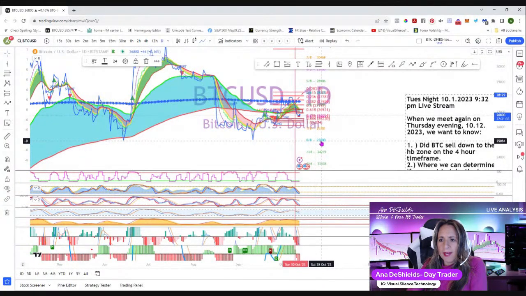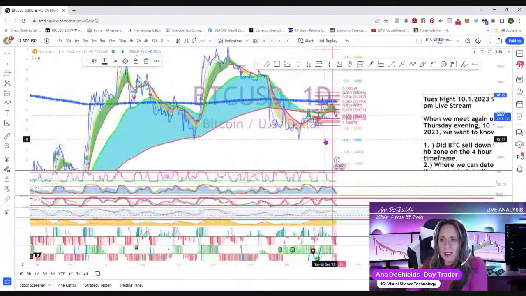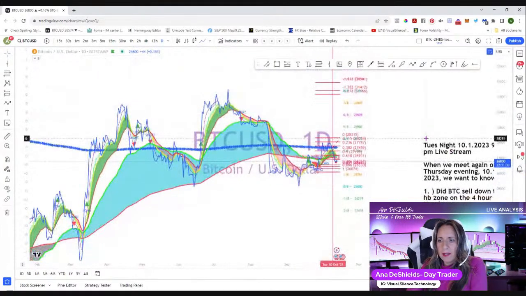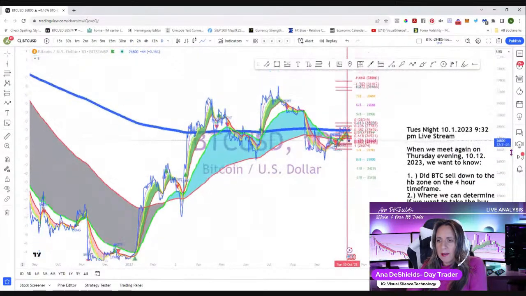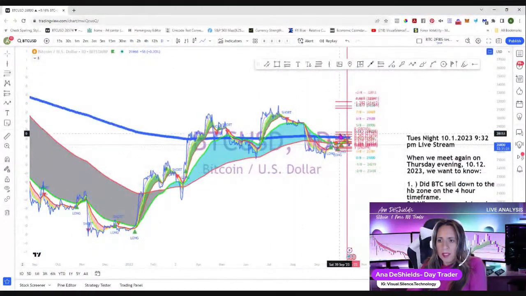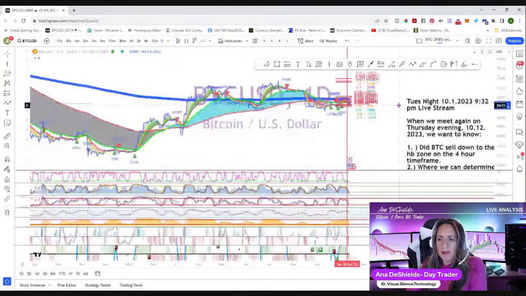So 25,000 is still on the table. We'd have to look at another fib for that. We're just taking this move right here. So there is still room for her to move down.